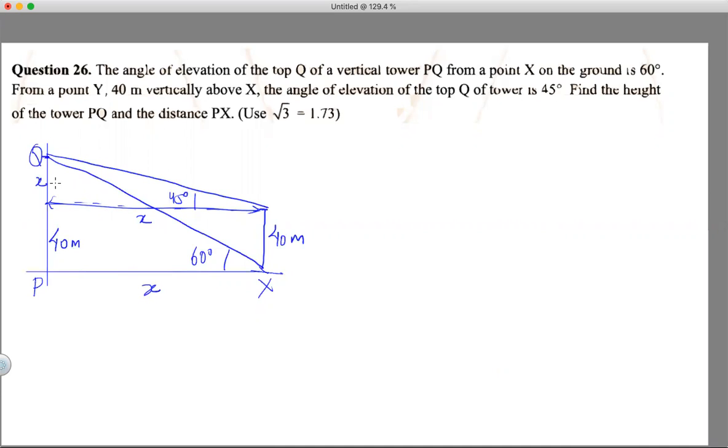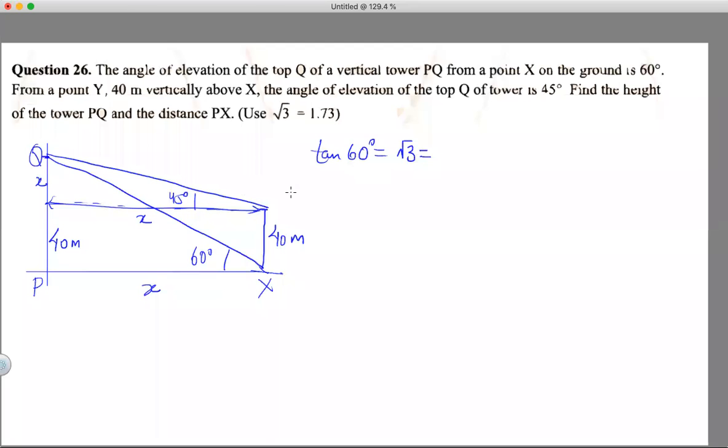So this height, tan 60 degrees. 1 minute. Let me. How much did you get? PX? Sir, the value of PX came out to be 138.4 meter. Okay, let's just see if we get that.